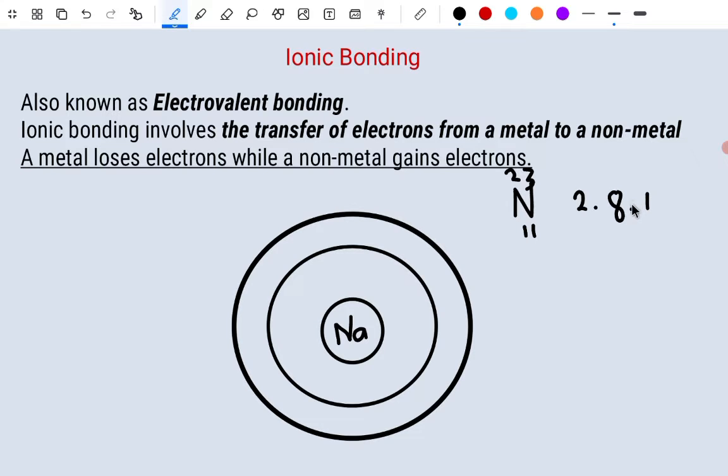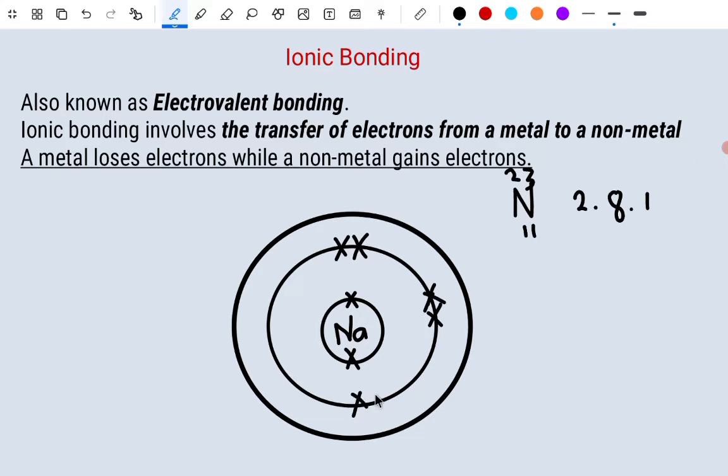If you're watching this for the first time, kindly watch the previous video on atomic structure, where I explained how to come up with this electronic configuration. The first shell, being this shell here, we put two electrons. Then the second shell can occupy a maximum of 8 electrons, and we show them in pairs like this.